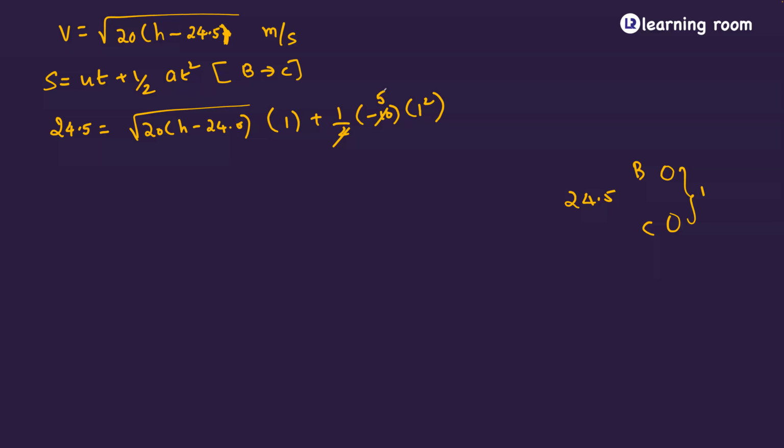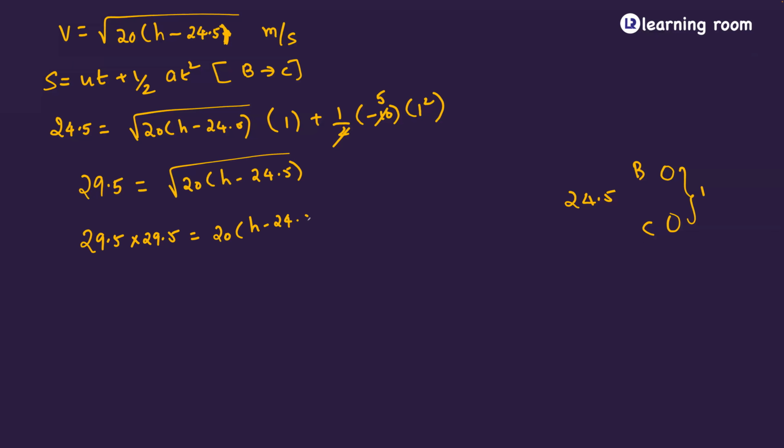So this can come to the other side. So 24.5 plus 5 is going to be 29.5, equal to square root of 20 into h minus 24.5. So square on both the sides. 29.5 into 29.5 is equal to 20 into h minus 24.5. If you solve this, you will get the value of h.